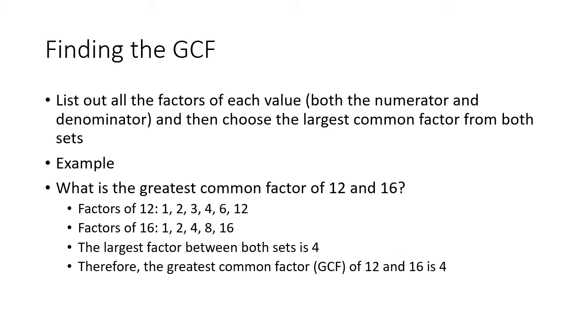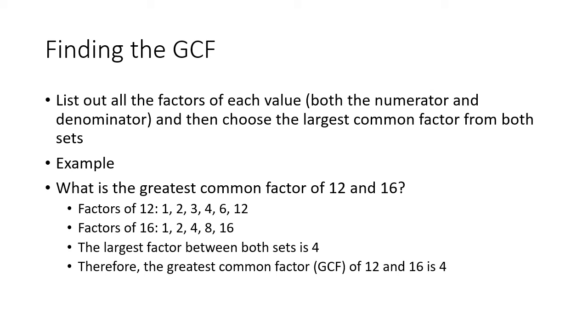As an example, let's look at what's the greatest common factor between 12 and 16. Let's list out the factors of 12. The factors of 12 are 1, 2, 3, 4, 6, and 12. Now let's list out the factors for 16.